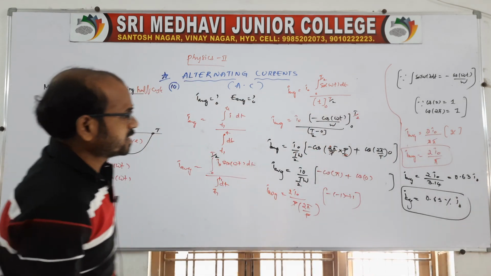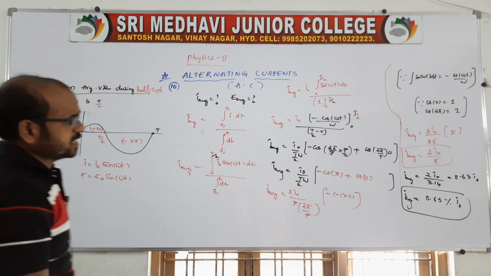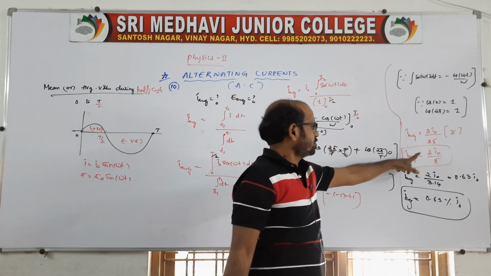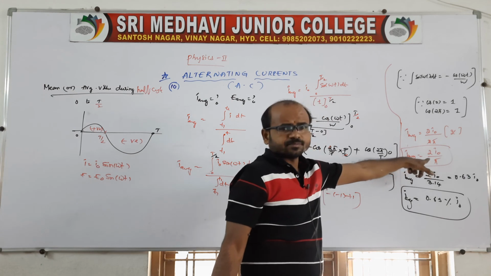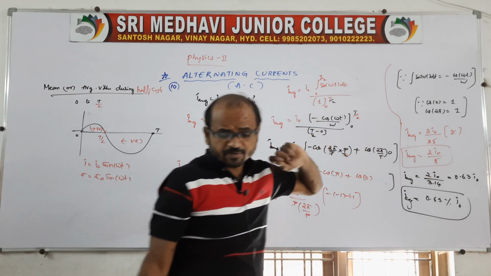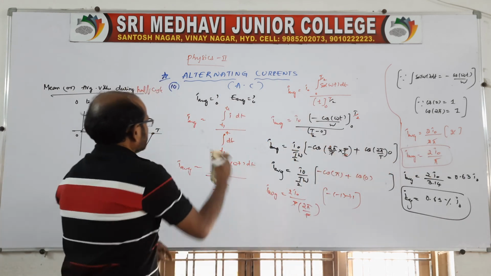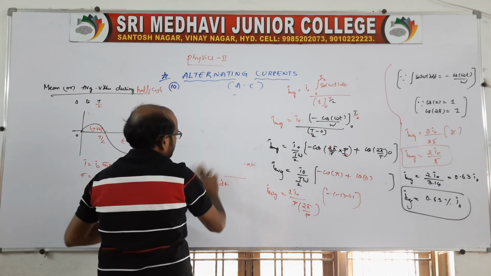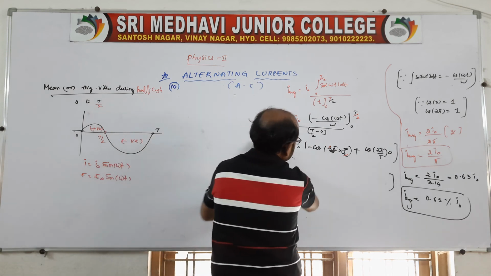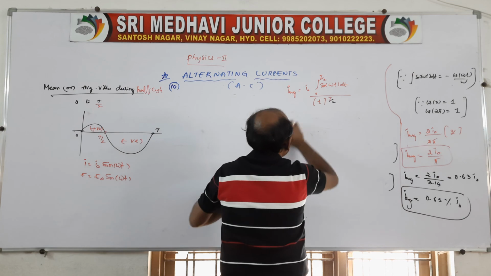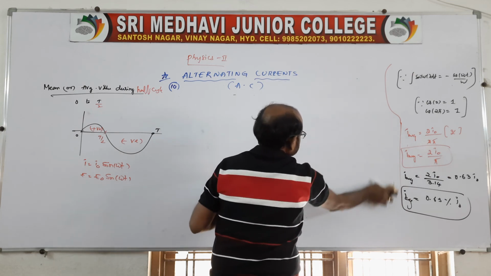Suppose you want to say E average. So again E average is equal to 2 E naught by pi. That's what I am saying, this is for the half cycles. So now I am saying about the E average value. Everything is the same. Minus 1 plus 1, you say 1 plus 1.